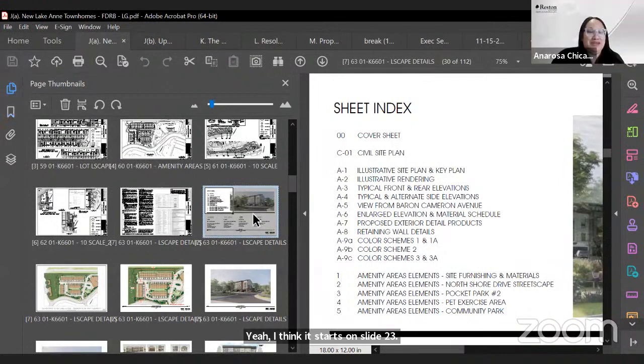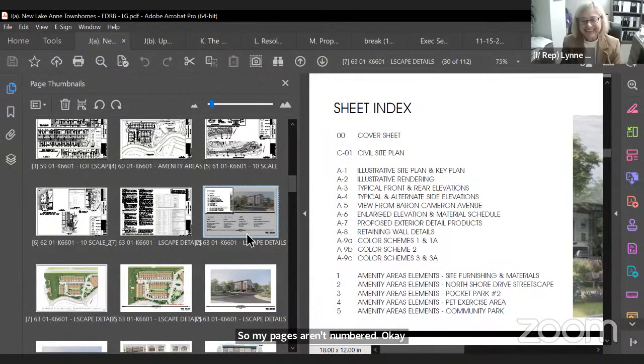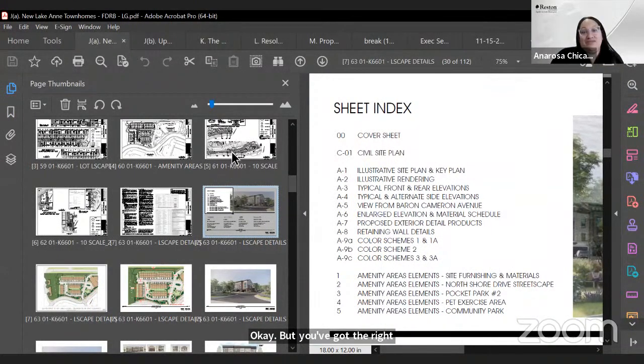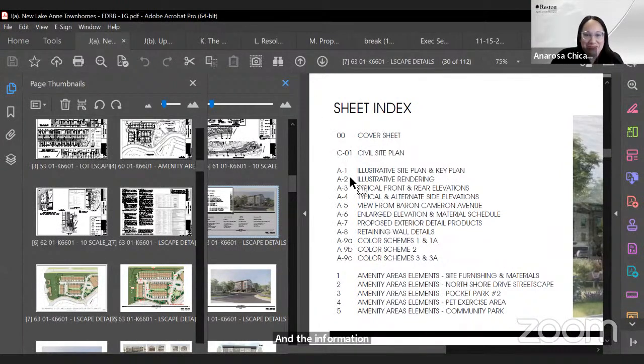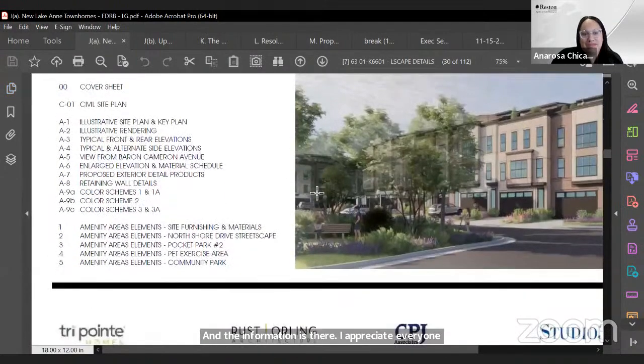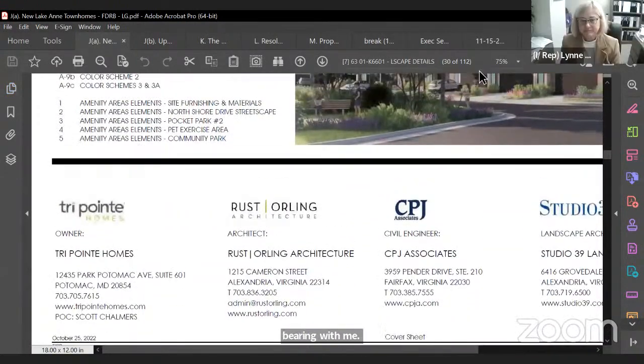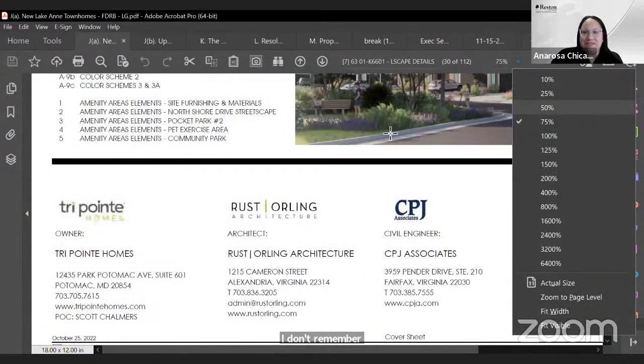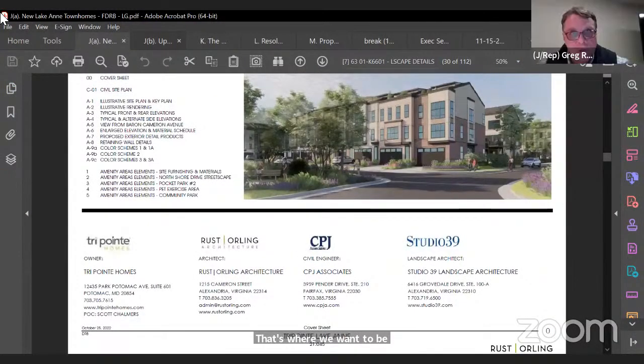So my pages aren't numbered, for some reason. But you've got the right cover page, I see. And on the right side, information is there. So I appreciate everyone bearing with me. And there we go. That's where we want to be. Perfect. Okay, I'll zoom out. Yep. And then if you could just go to the next slide, that'd be great.